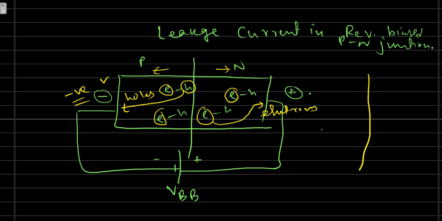If we plot the IV characteristics, this is the applied voltage and this is the current. The first quadrant means voltage is positive, which indicates forward bias, and the forward bias graph is like this. Up to some value of forward bias the current will be negligible, because you need to cross the potential barrier we already discussed.